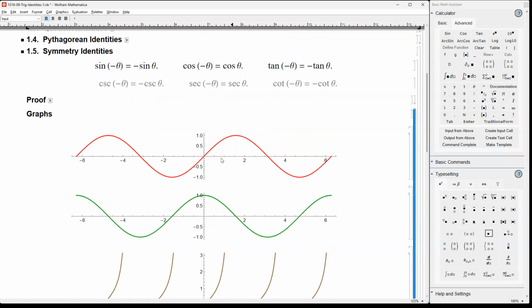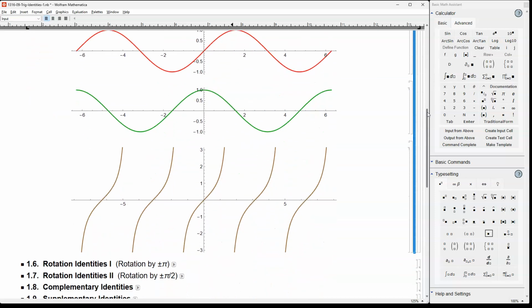Let's see. Sine function, symmetric with respect to the origin. Cosine function is symmetric with respect to the y-axis, x equals 0, the vertical line. Tangent function is symmetric with respect to the origin.